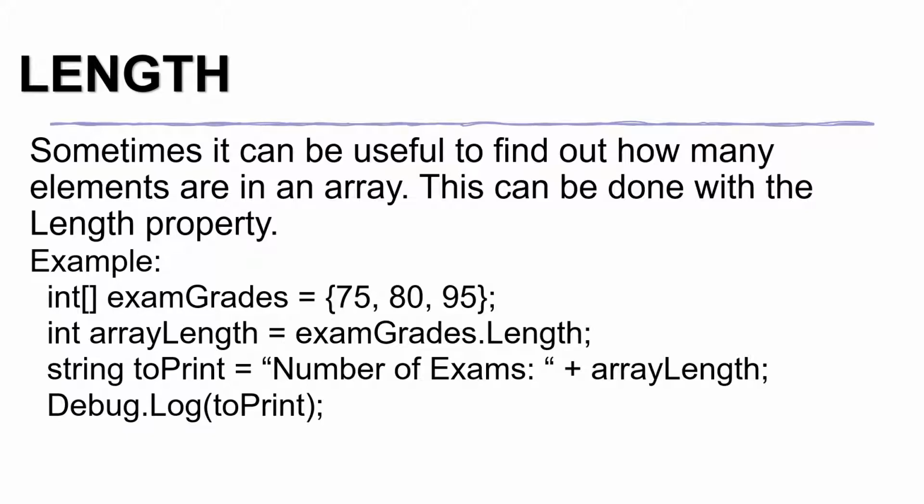For instance, if we have this array here called exam grades, we can store its length inside of this integer variable by setting it equal to the name of the array dot length, so that we can easily print out that information down here. There's going to be a lot of instances where you're going to need this knowledge. It's going to come in handy in the next lesson when we start talking about looping, for instance.